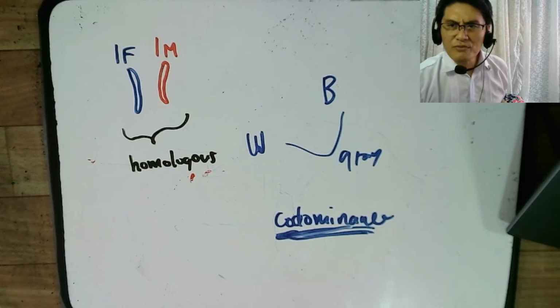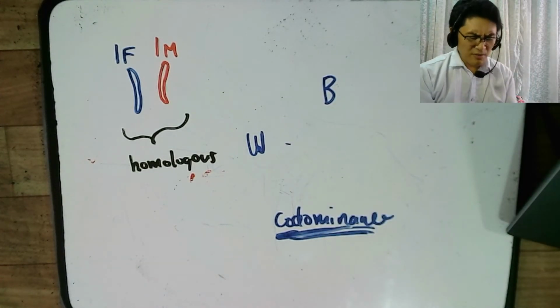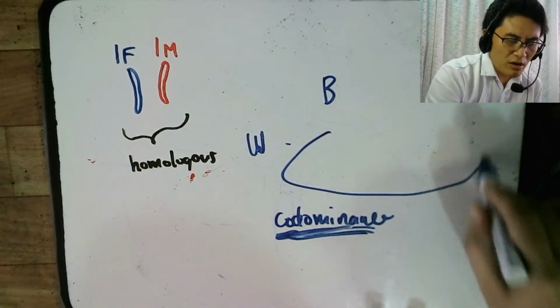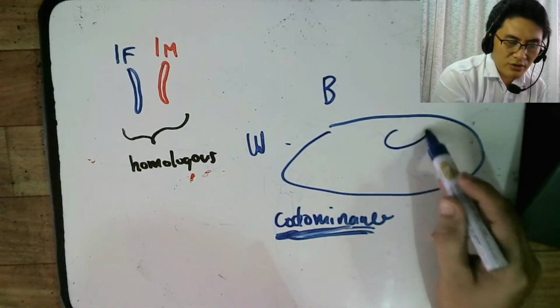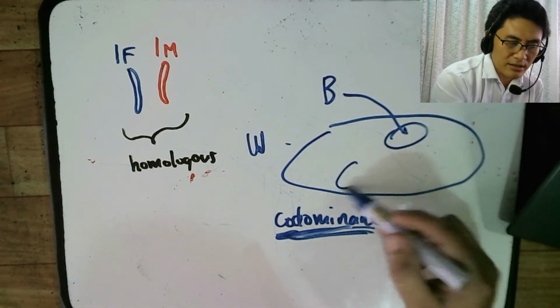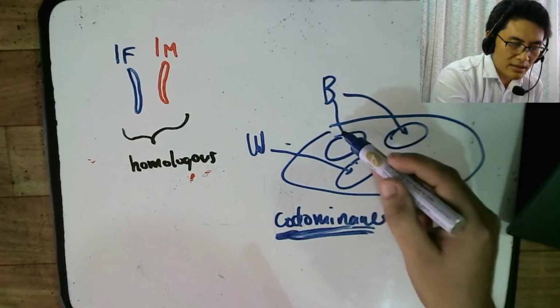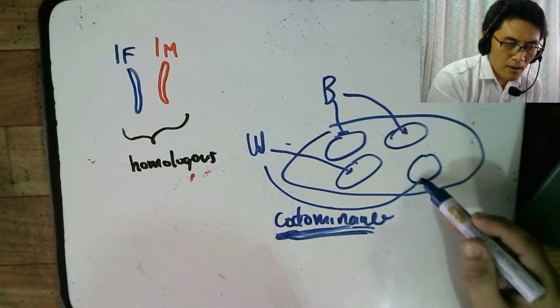Codominance means both of them dominate, but at different parts. What do you mean by different parts? Meaning, if this is the dog, maybe at this patch of its skin, it's the black one that dominates. But maybe at this patch, it's the white one that dominates. At this patch, it's the black that dominates. At this patch, it's the white that dominates.